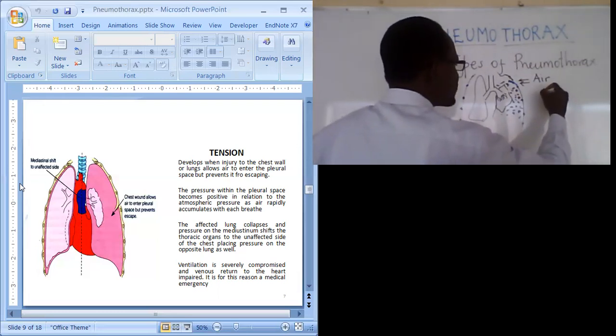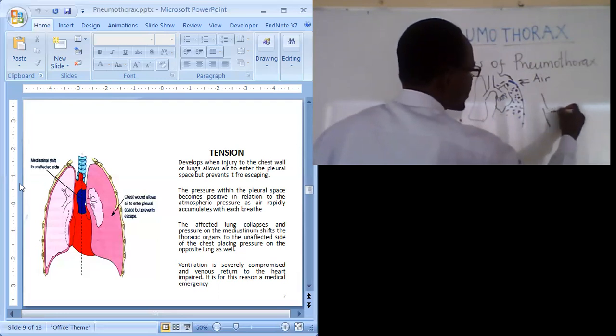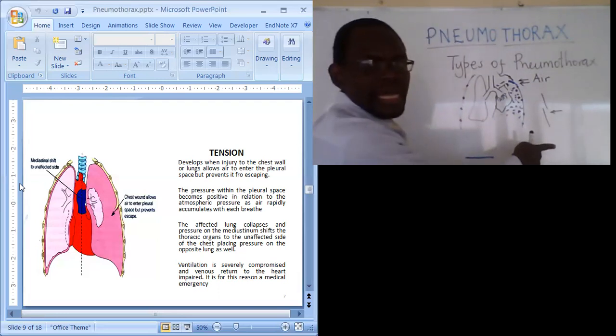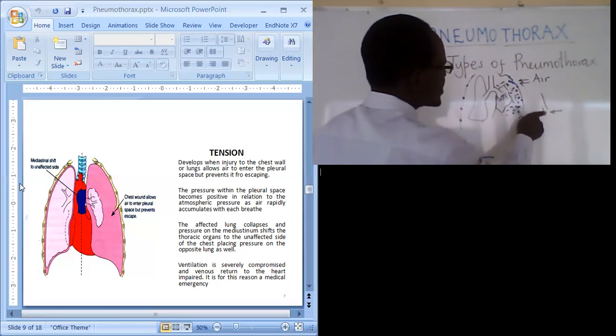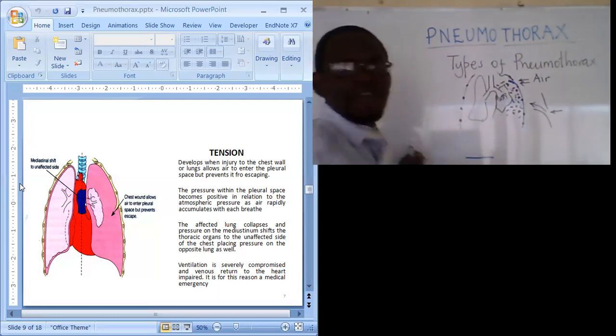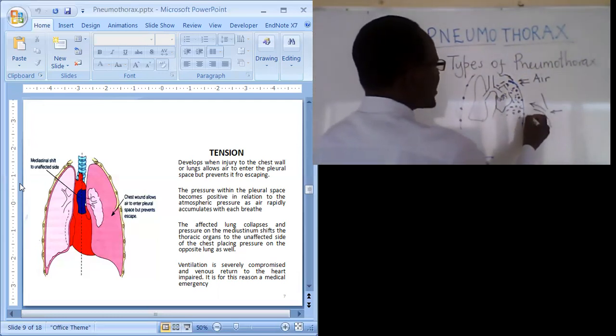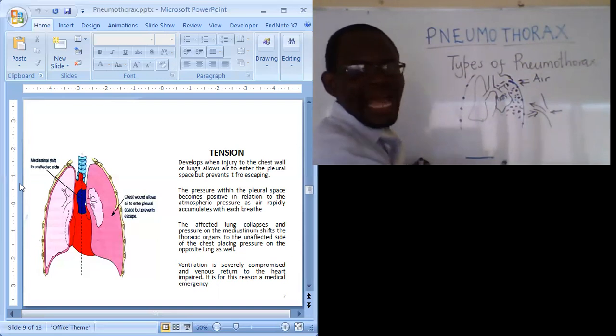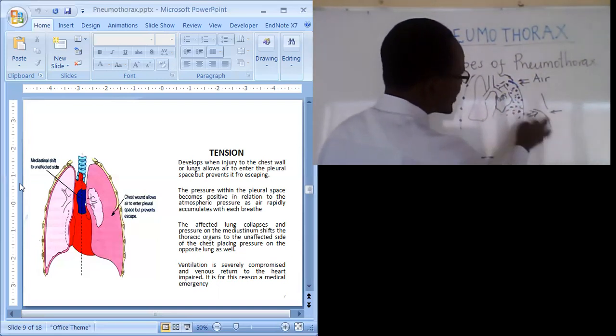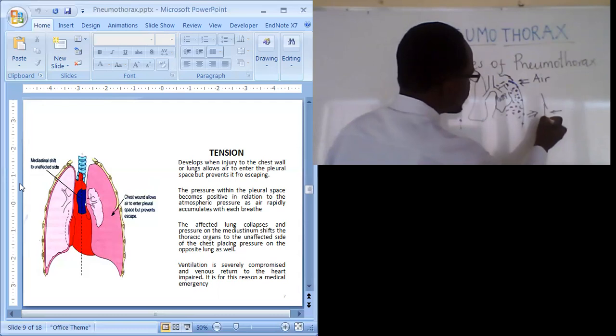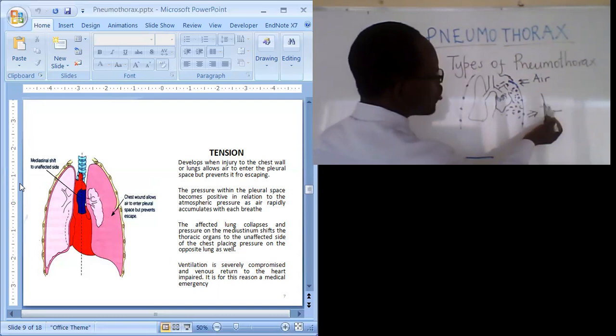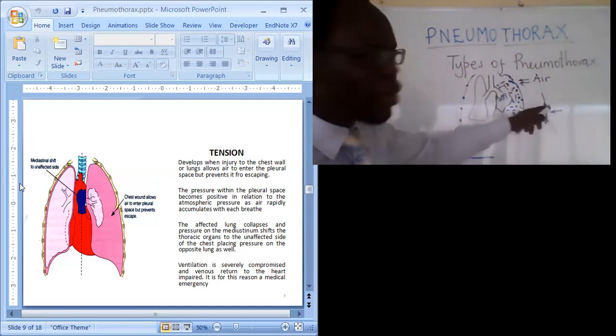You have something like that. Air entering here can cause this part to draw in like that, so that air can enter. However, on the other side, air cannot come back, because as it comes back, it forces this part to stand like this, and therefore it seals off the point of entry.